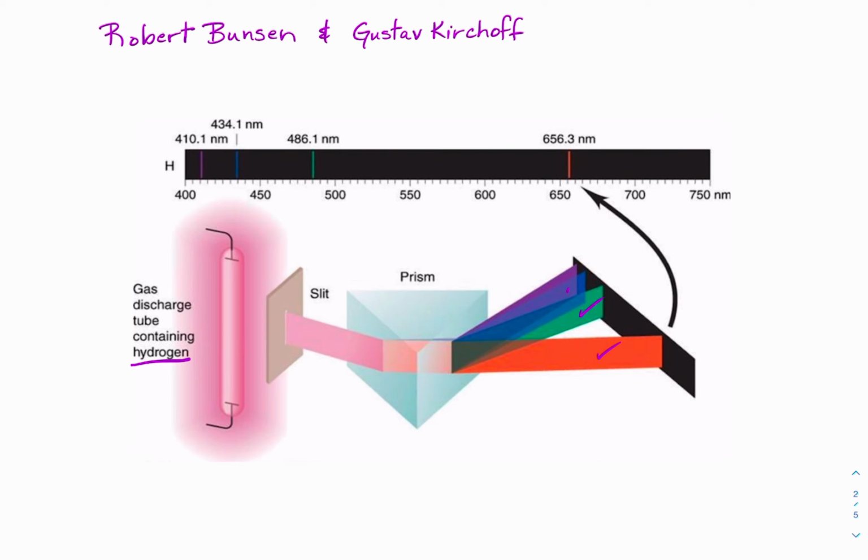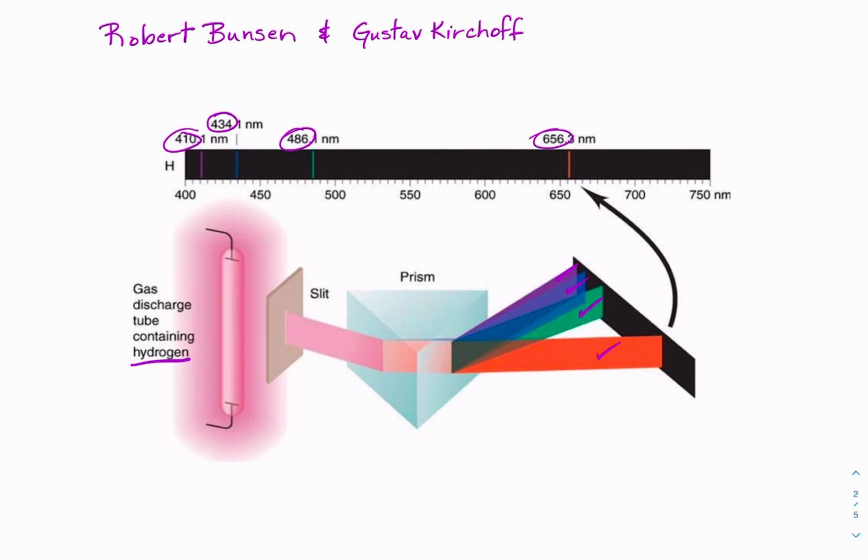If you figure out what their wavelengths are, you have wavelengths of around 410 nanometers, 434 nanometers, 486 nanometers, which are your violet, blue, and light green colors. And then one over here in the 656 range, which was a red color, which was really interesting.